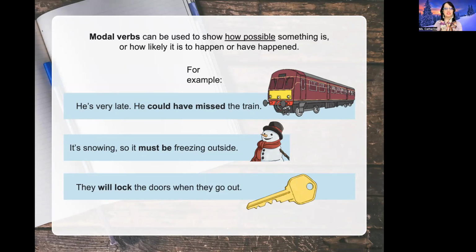It's snowing, so it must be freezing outside, so we have to bundle up. They will lock the doors when they go out. So when they leave, they must lock the door. It will happen.